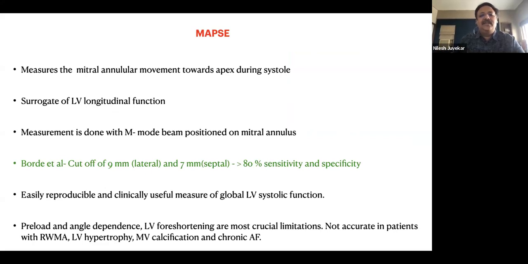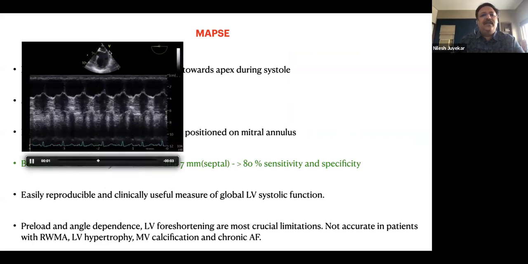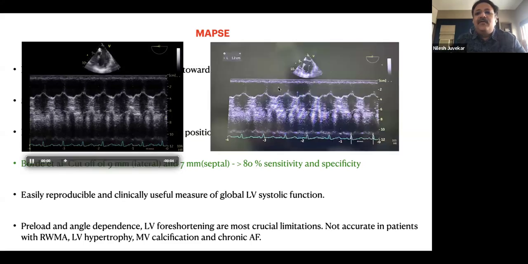This measurement is done with the M-mode beam positioned on the mitral annulus. We place an M-mode at the lateral annulus of the mitral valve, and when we get this trace, we measure from here to here.